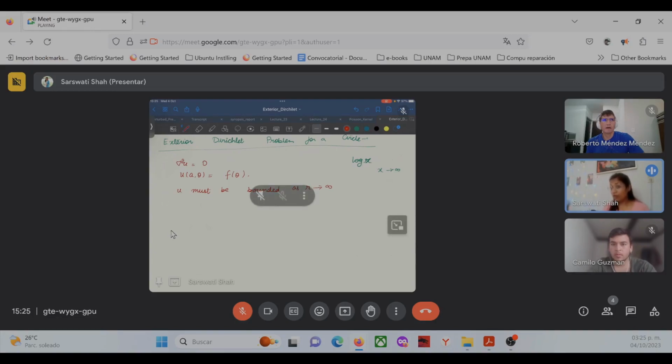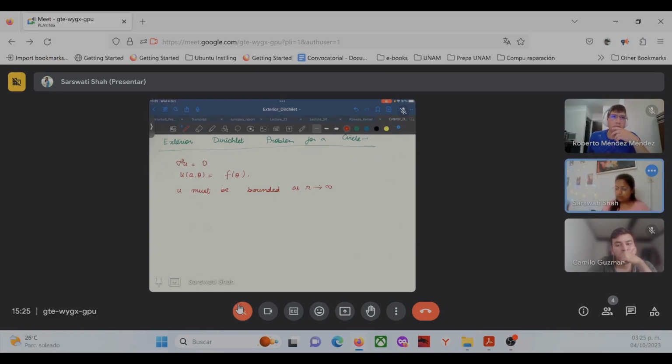Is it defined or not defined? Not defined, yeah. So the logarithm at x tends to 0 and x tends to infinity is not defined. So that was the concept which we are going to use.